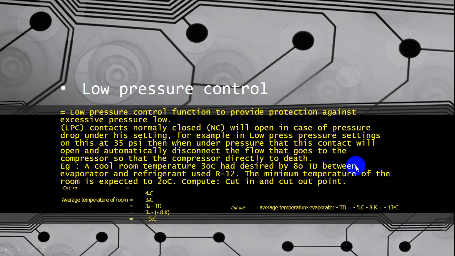The minimum temperature of the room is expected to be 2 degrees Celsius. Compressor cut in and cut out point: average temperature of room 4 degrees Celsius, plus 3 degrees Celsius for TD. The cut out is equal to the average temperature of the evaporator minus TD, which is equal to minus 5 degrees Celsius minus 8 Kelvin, equal to minus 13 degrees Celsius.